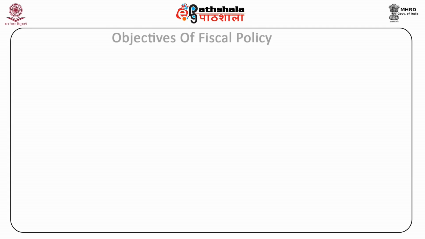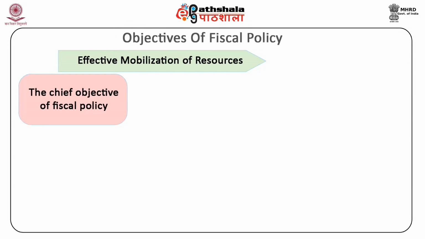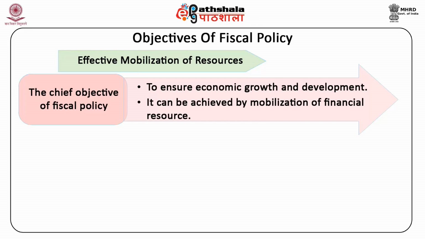These are effective mobilization of resources. The chief objective of fiscal policy is to ensure economic growth and development. It can be achieved by mobilization of financial resources. The central and state governments mobilize resources through various means.